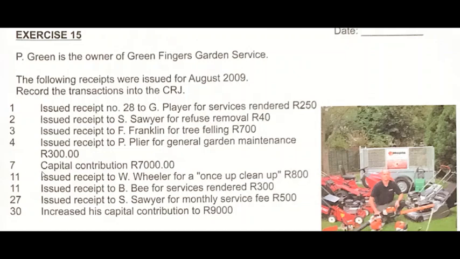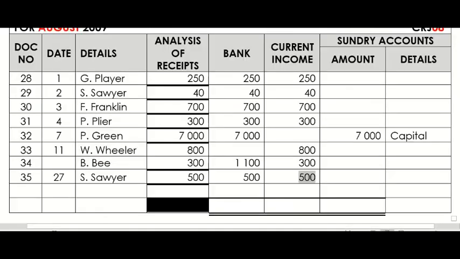Okay, so if he wants to make that 7,000 Rand, 9,000 Rand, he only contributes an additional 2,000 Rand. So when you record this transaction, you will issue a receipt. It's on the 30th. Our owner's name is P. Green. He gives an additional 2,000 Rand to get that capital contribution to a total of 9,000. It's the only transaction for the day, so you can bank. Remember, it doesn't go to current income. It goes to sundry accounts as capital.